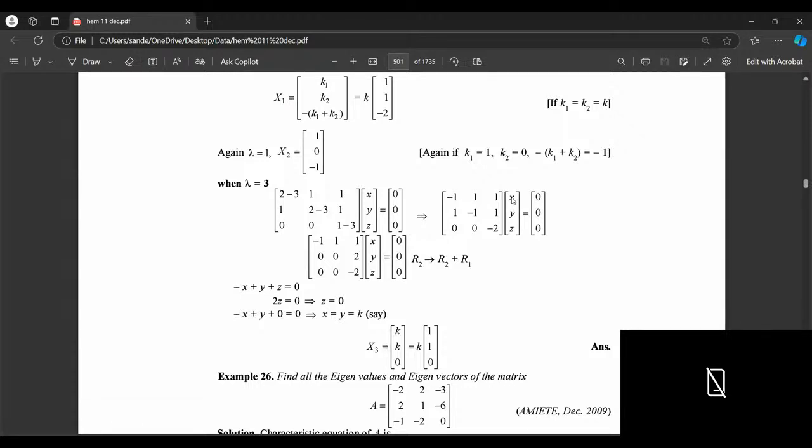After using lambda equal to 3 you will get the coefficient matrix minus 1, 1, 1, 1, minus 1, 1, 0, 0, minus 2.